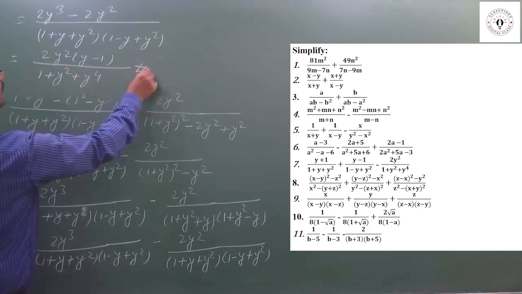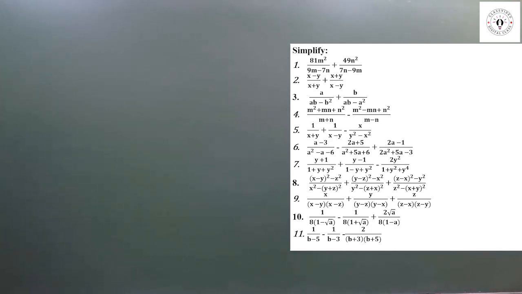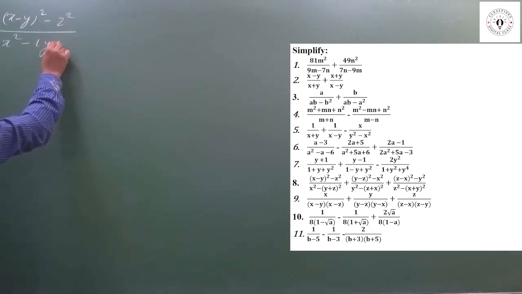This is simplified. Question number 8 is, students, (x minus y) whole square minus z square upon x square minus (y plus z) whole square.